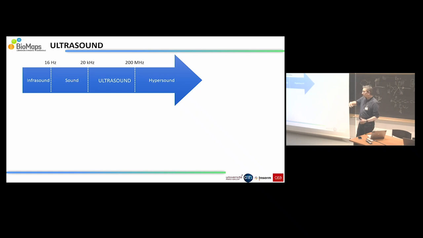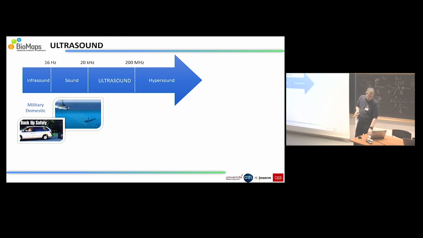Now, in current life, it is used around you in military applications with submarines, sonars or submarine acoustics, and also in your car. When you hear a beep when you go back with your car, this is ultrasound that allows you to hear the sound.